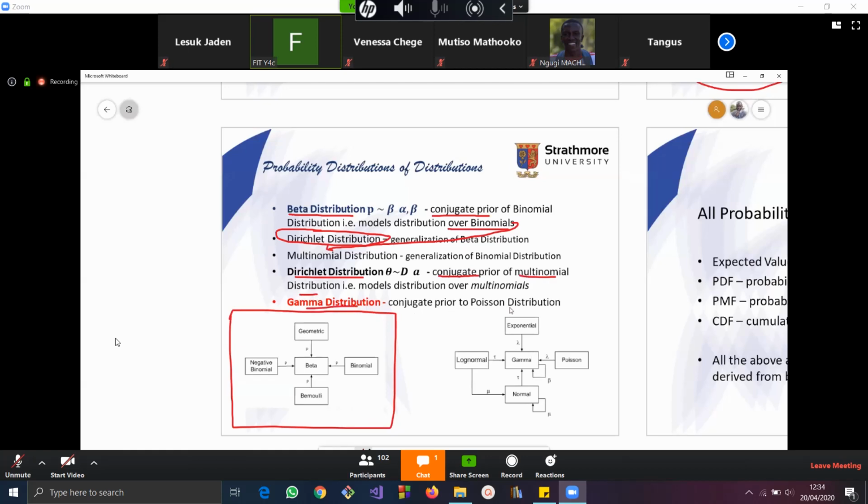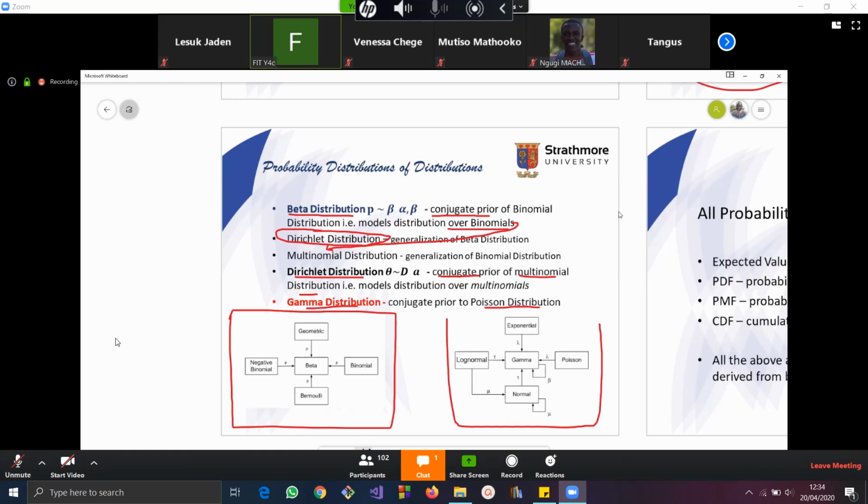The gamma distribution is the conjugate prior of Poisson and other distributions here, like you can see. So the gamma distribution sits at the middle. It can be used to model log normal, exponential, Poisson, and the normal distribution. The beta distribution sits here. It can model all these distributions.